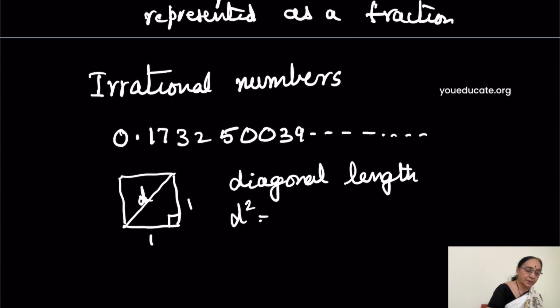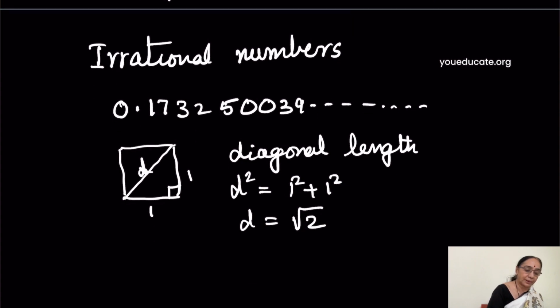So d squared is equal to 1 squared plus 1 squared, and d is square root of 2. Even if you use your calculator or the division method, you will find that root 2 has a decimal representation which repeats endlessly but has no pattern. It doesn't terminate. So here root 2 is an example of an irrational number.